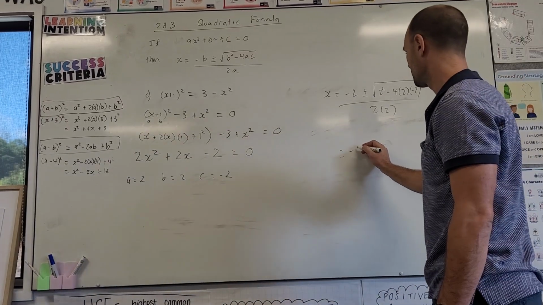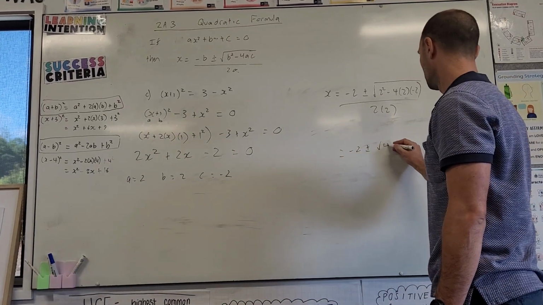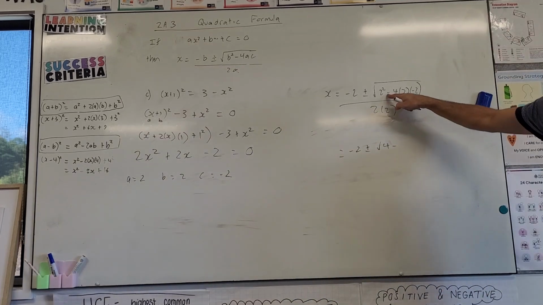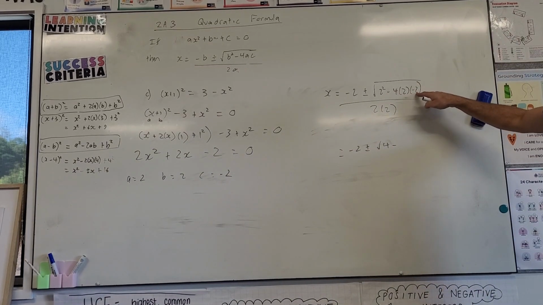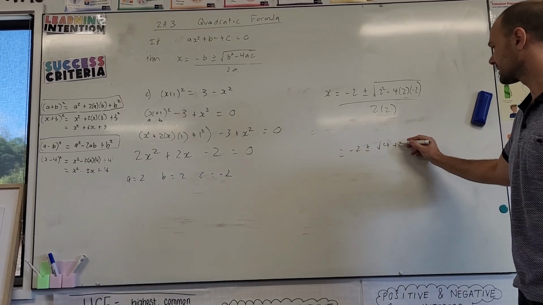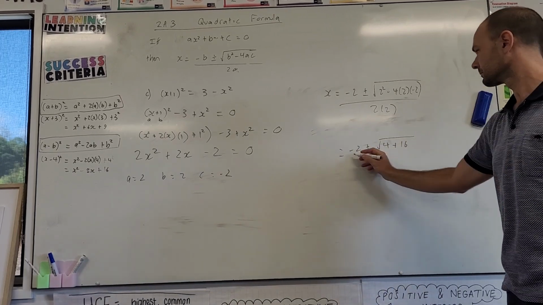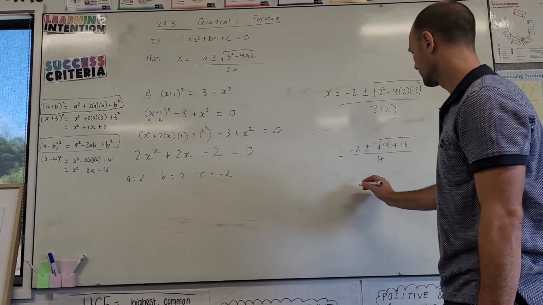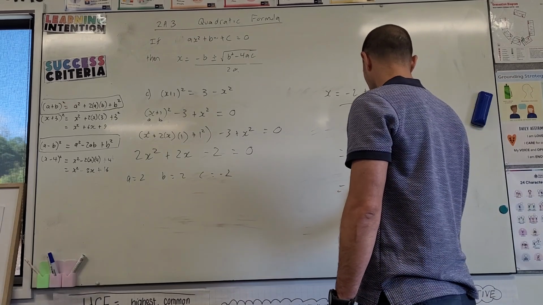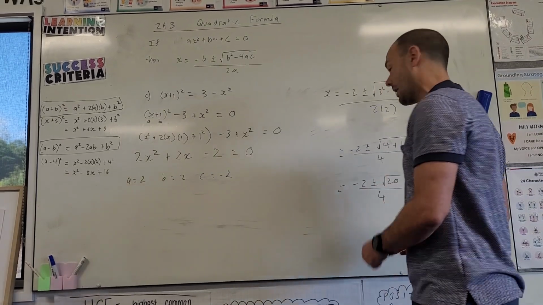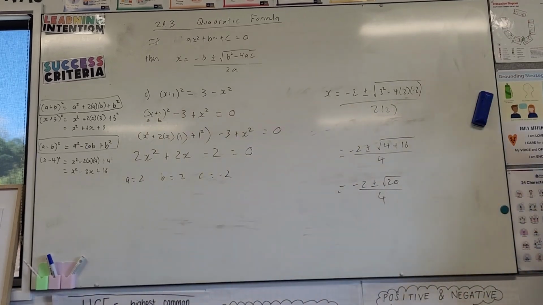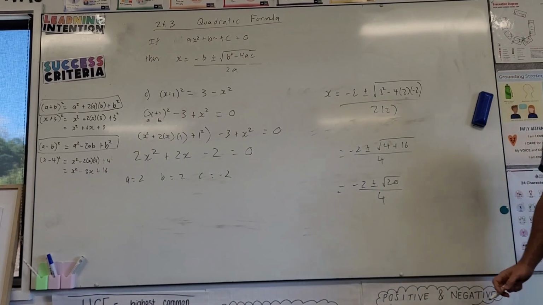We'll have minus 2. Now this becomes 4, take away 4 times 2 times 2, that becomes positive 16. All right.